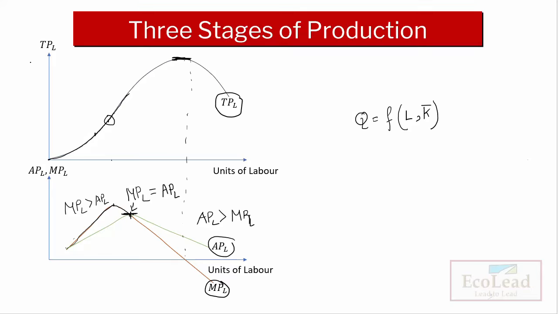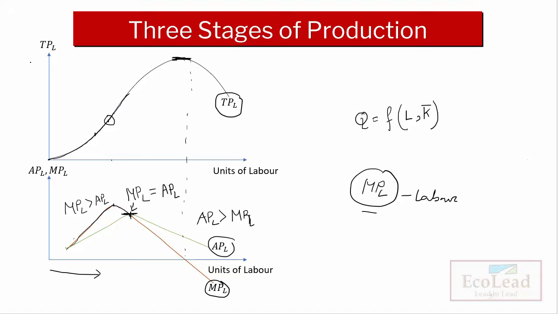Since the amount of the constant factor is fixed, as we initially increase the variable factor, here L or labor, the marginal product of the factor also increases very fast, and this increase in the marginal product pulls up the value of the average product, or the total product, at a fast rate.